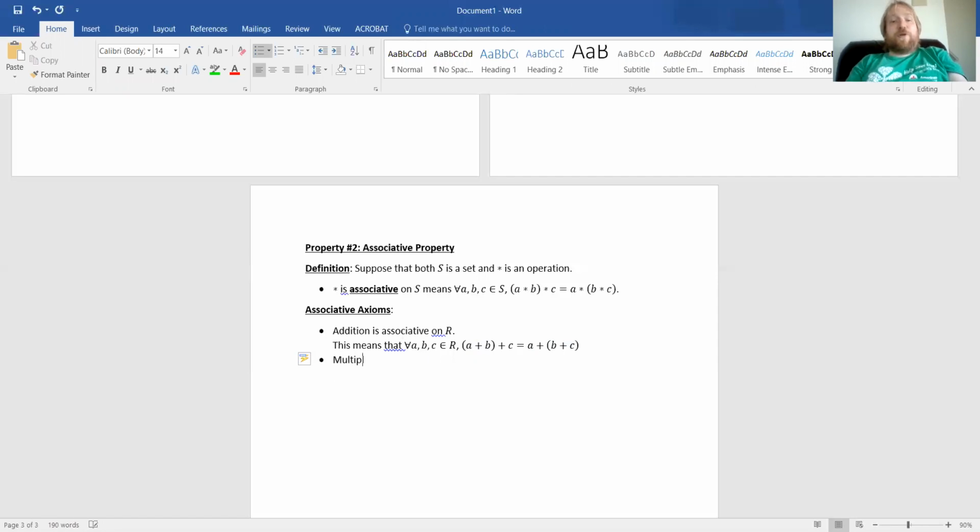And similarly, multiplication is associative on the reals.